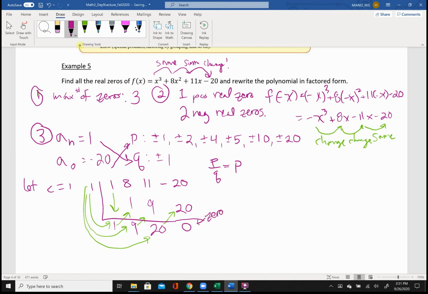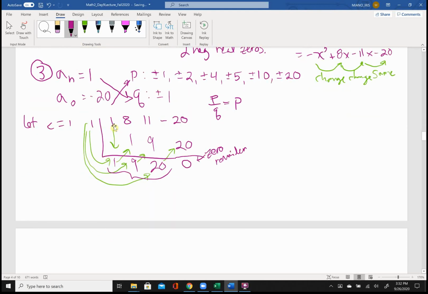Very exciting. That means that x minus 1 is a factor. Furthermore, because of the nature of synthetic division, we are given the depressed function, which takes the coefficients and creates another polynomial one degree less than the original, and it gives you x squared plus 9x plus 20. It has a particular name.